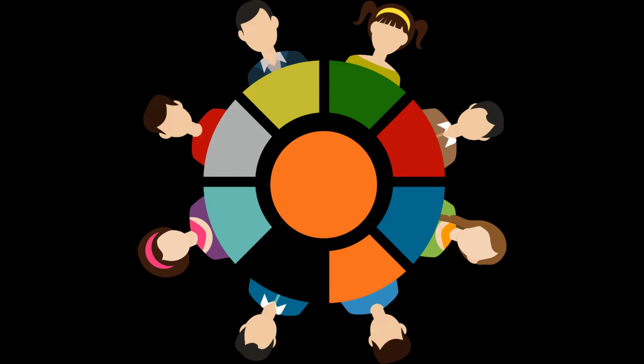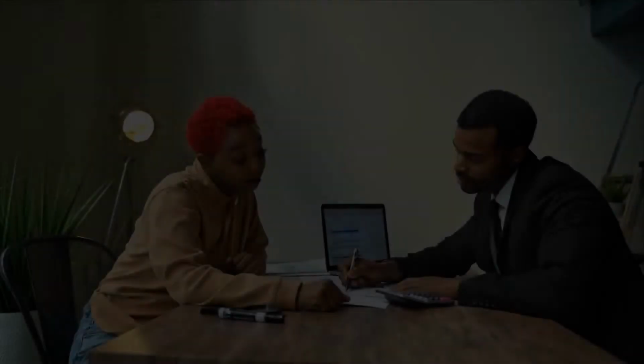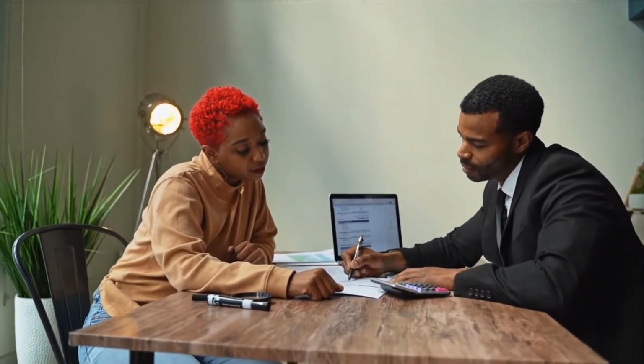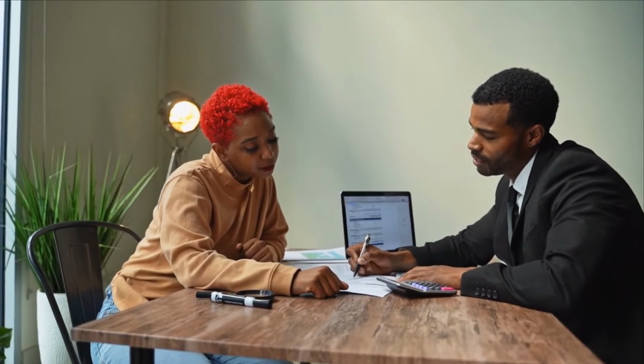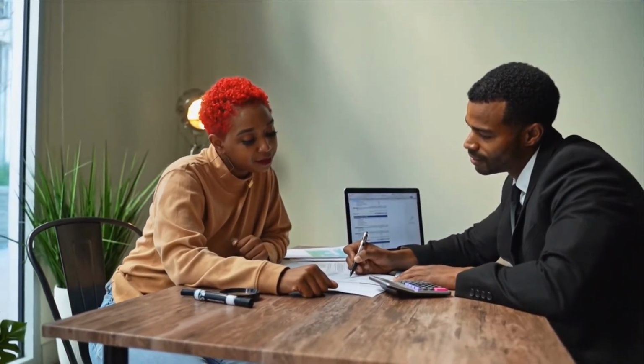Make sure the brainstorming follows a make-to-learn or learn-to-make process that will help you get more engagement, and also make sure the process has so much fun that people become naturally creative and give you ideas that support your product.